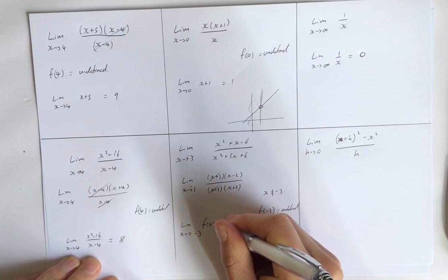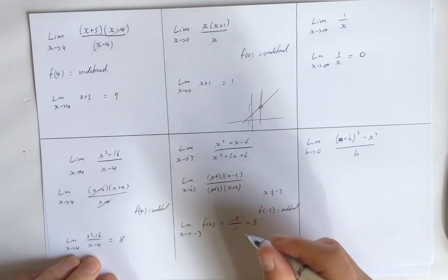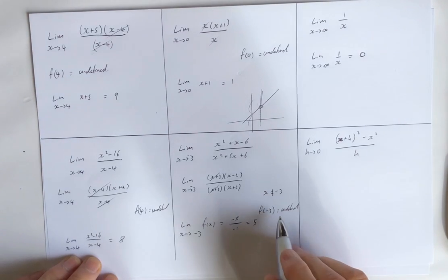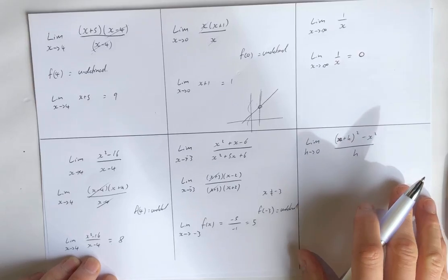The limit as x goes to -3 of the function equals 5. So even though it's not defined at -3, it still has a limit.